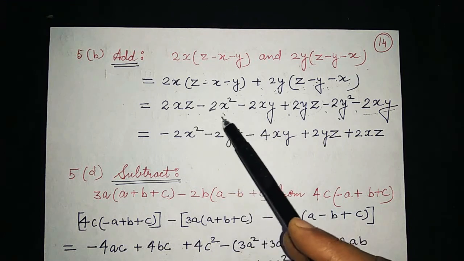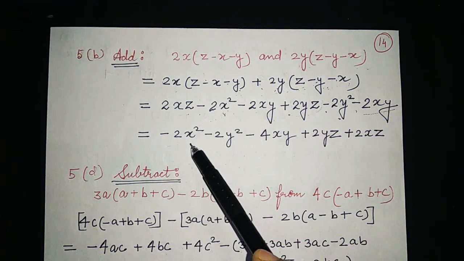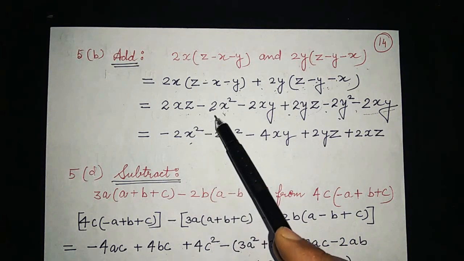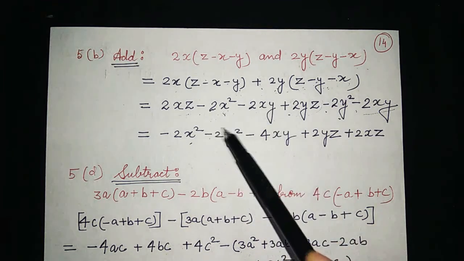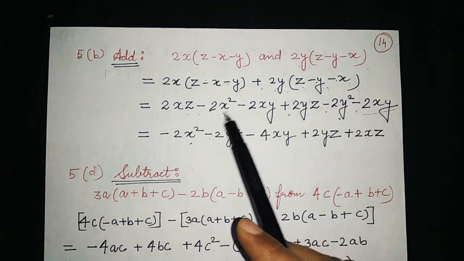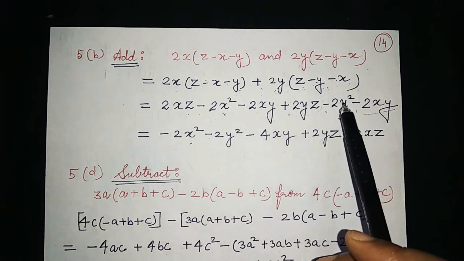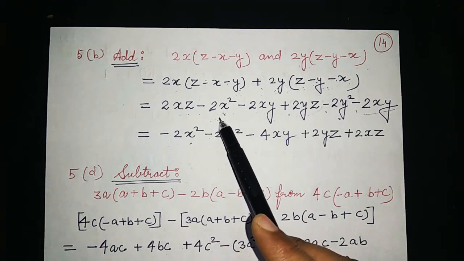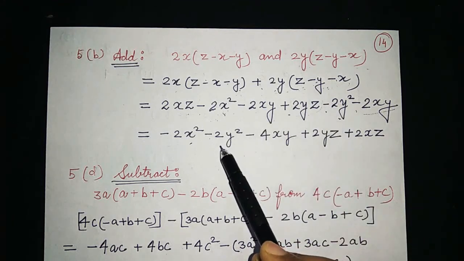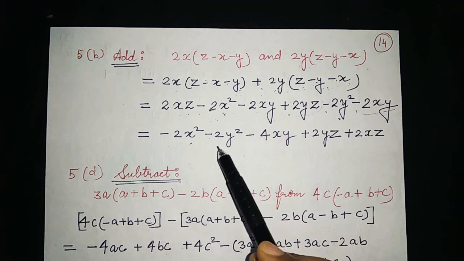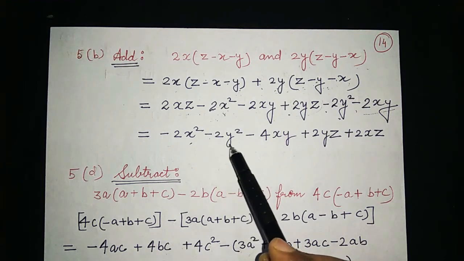Now first we will write minus 2x square. Now we are not getting any like term of such type in this step. So after this we will write minus 2y square. We are not getting here any like term of this type.